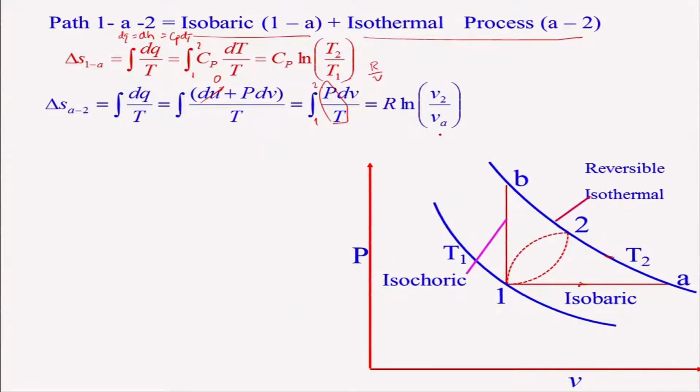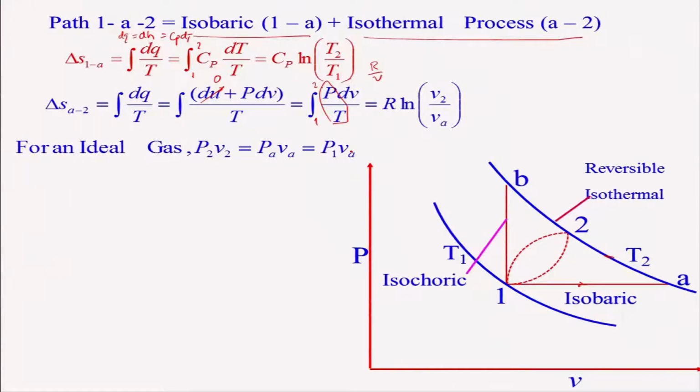Now, we need to connect the volume at station A to the volume at station 2. How will we do that? We will have to use the ideal gas law, that is P2 V2 is equal to PA VA, and PA is nothing but P1, because this is an isobaric process.